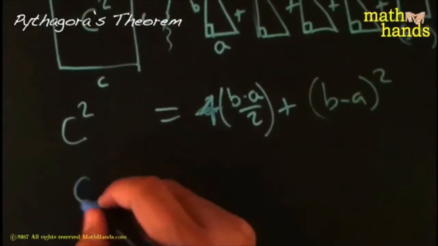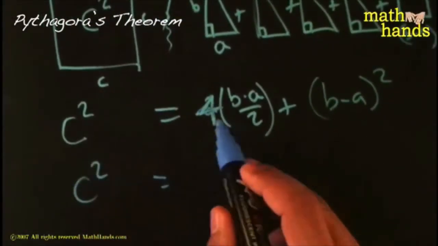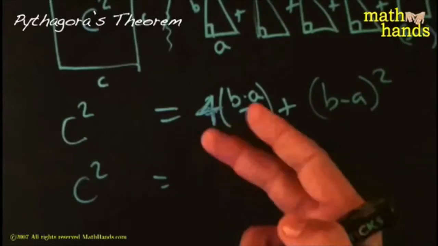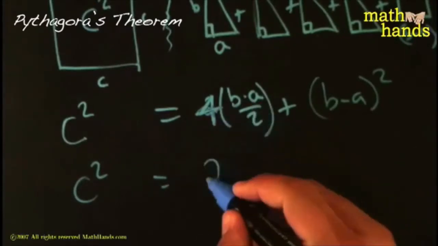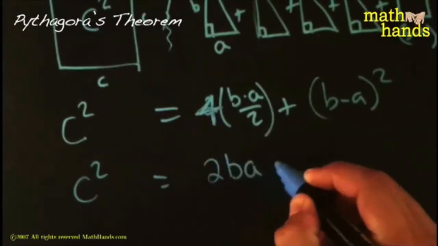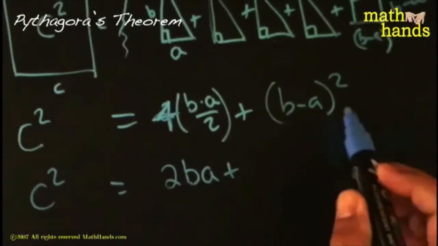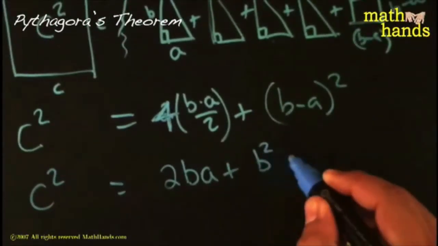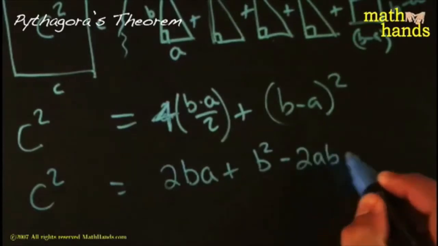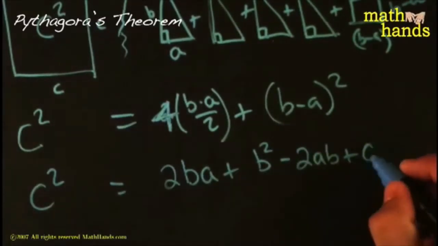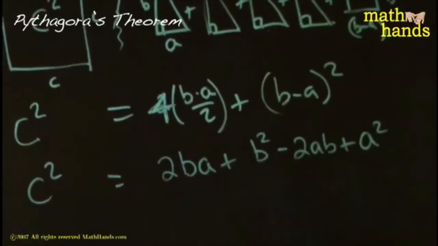That makes it, the left side is C squared, and this side would be 4 times BA over 2, which means the same thing as 2 times BA. And then you've got to expand this binomial using your excellent algebra skills. You know you could FOIL that if you wanted to. You'd get something like this.